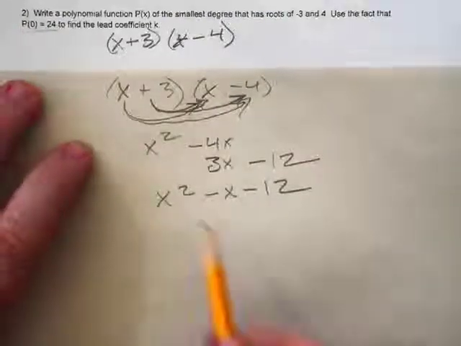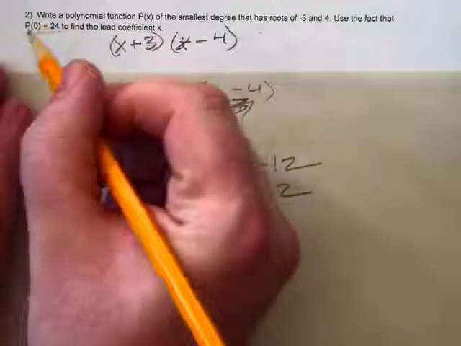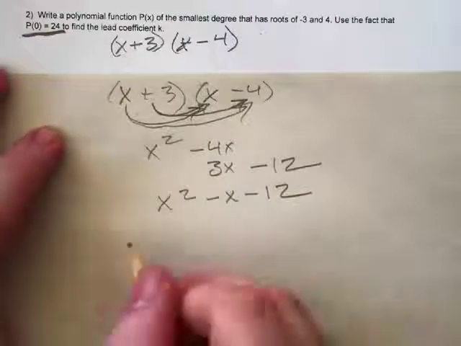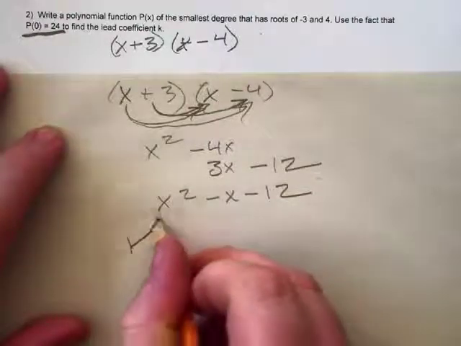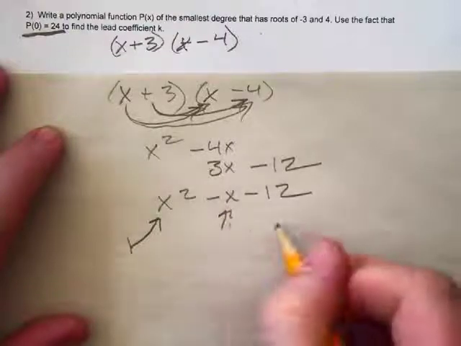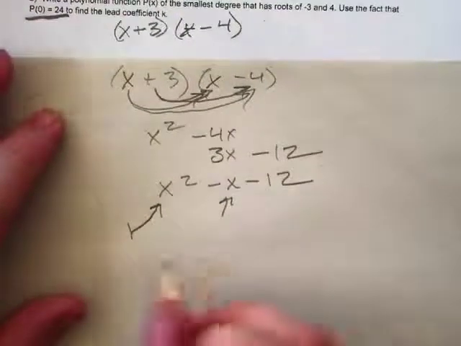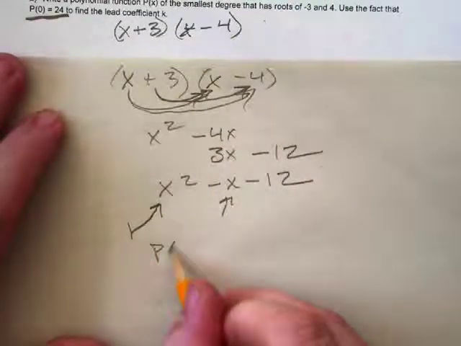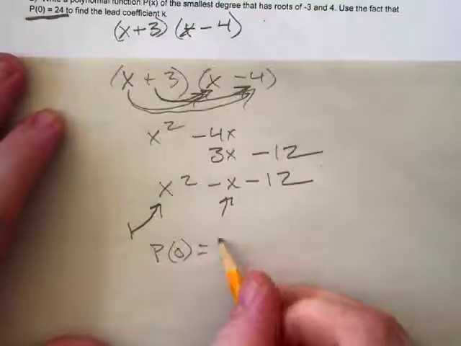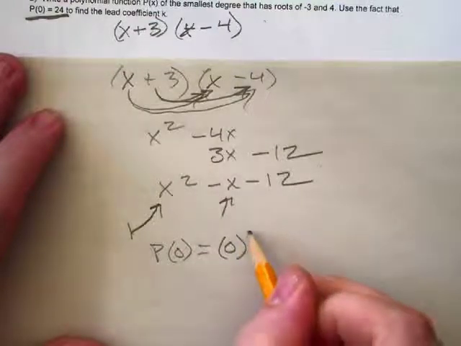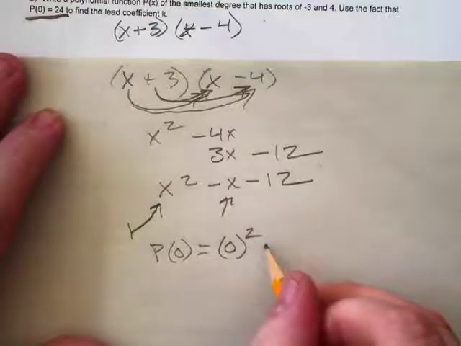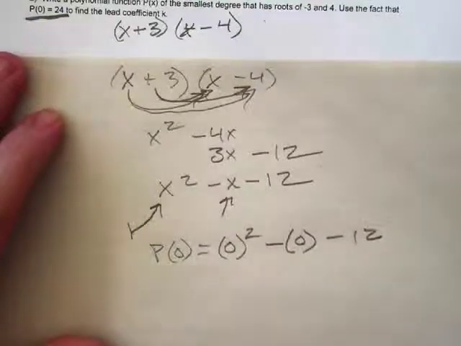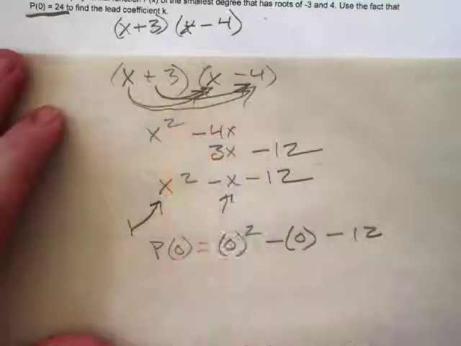Now, we're not done just yet, because we're also told that p of 0 equals 24. That tells us that when we plug in 0 for these x's, the answer is going to equal 24. So let's try it. p of 0 equals, we plug in a 0 there: 0 squared minus 0 minus 12, because we're told that will equal 24.